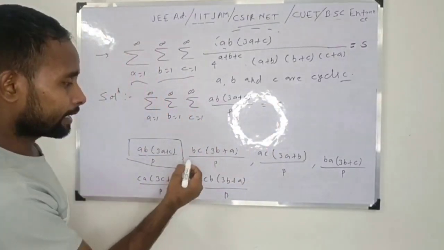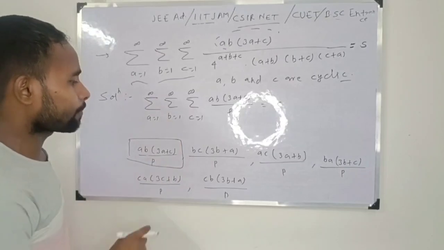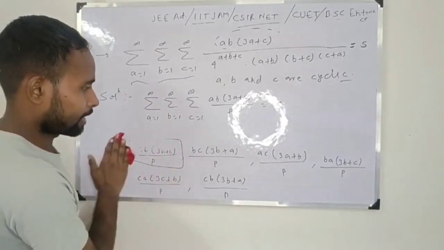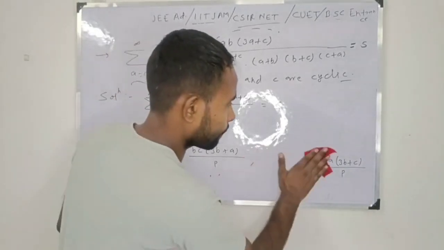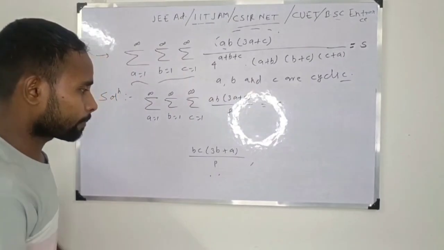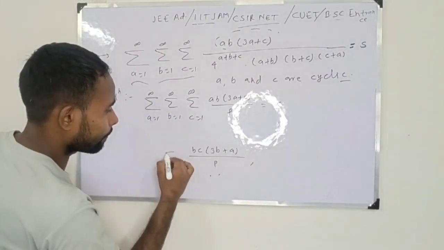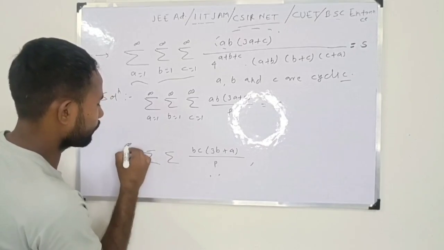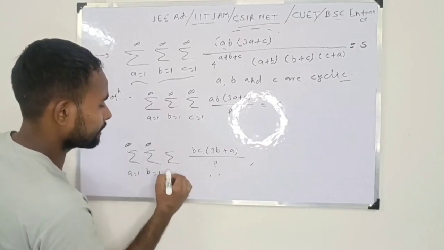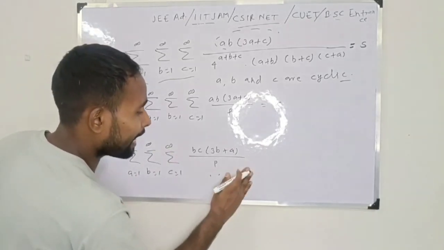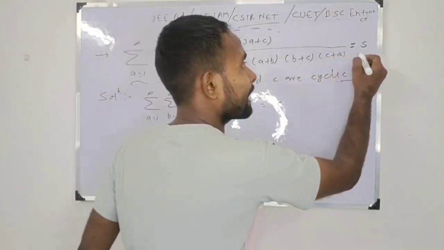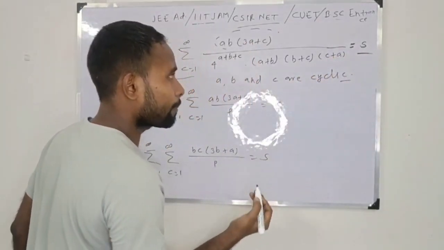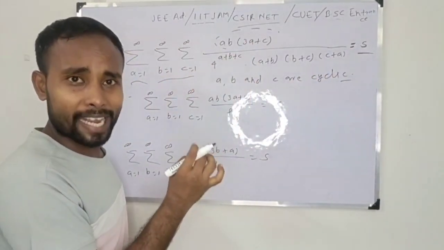If you put sigma here again, with A = 1 to infinity, B = 1 to infinity, C = 1 to infinity, and you take S here, it will again be S. Why? Because it follows a cyclic form.